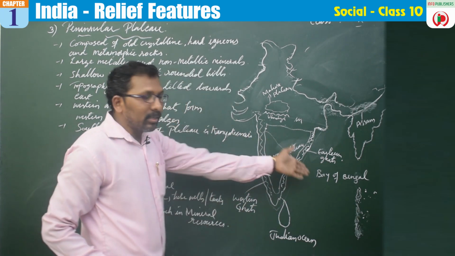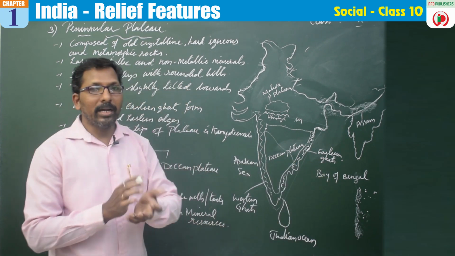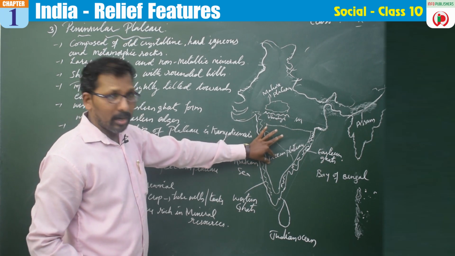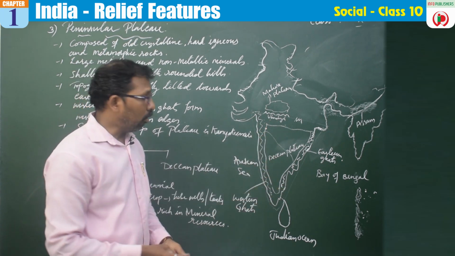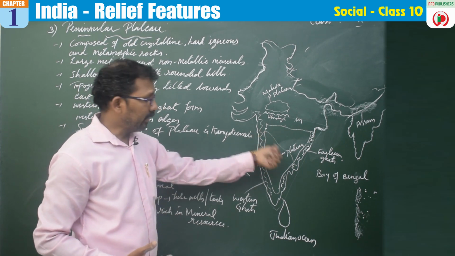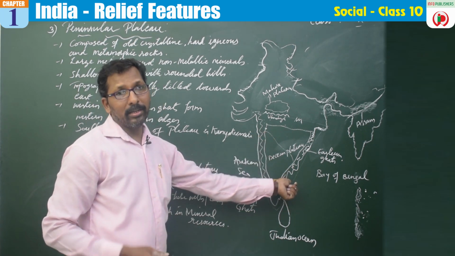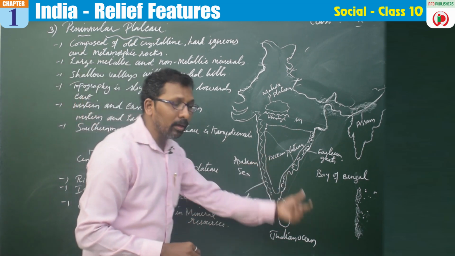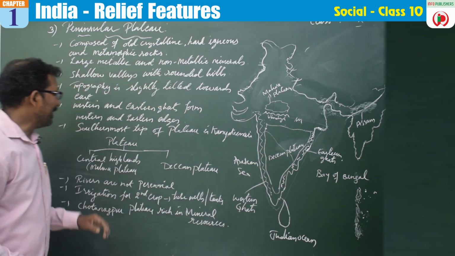Means towards the east direction, this Peninsular Plateau is slightly tilted. That's why rivers like Godavari, Krishna, Kaveri, which emerge from the west, end up in the east. Why? Due to the tilt of the plateau towards the east.